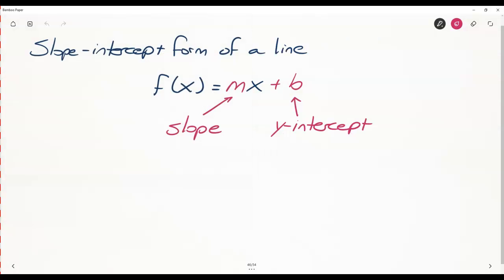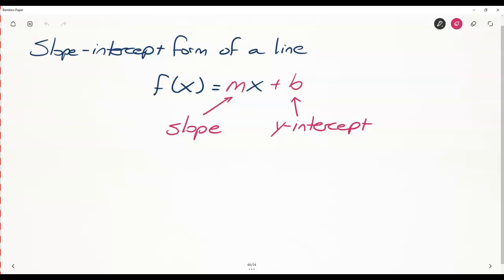Now we said that linear functions had the form f of x equals mx plus b. There was a reason we used m, because m is the letter we use for slope. Now why was m used instead of s? Because m was chosen from the same word that we derived the word mountain from, whatever Latin word that was used for that.